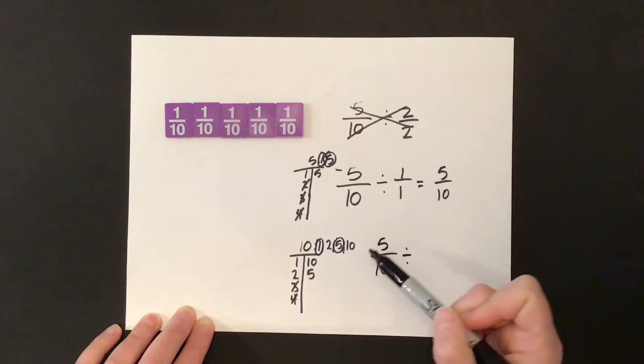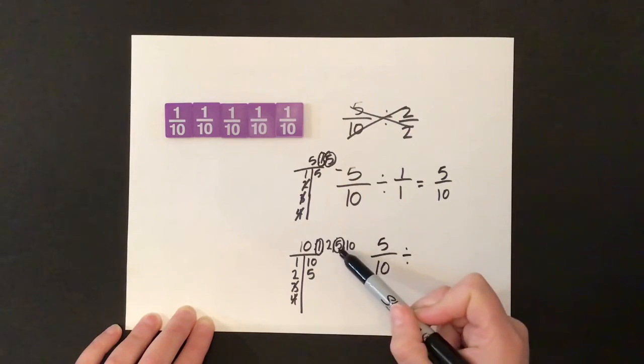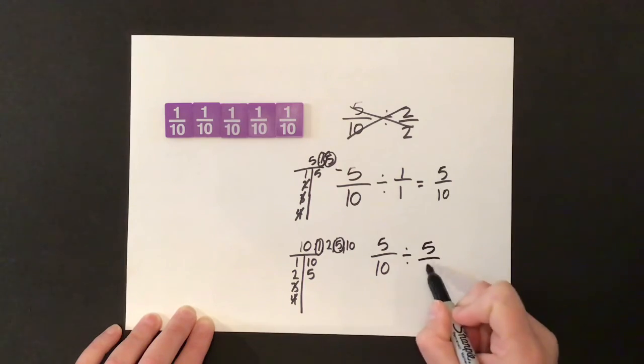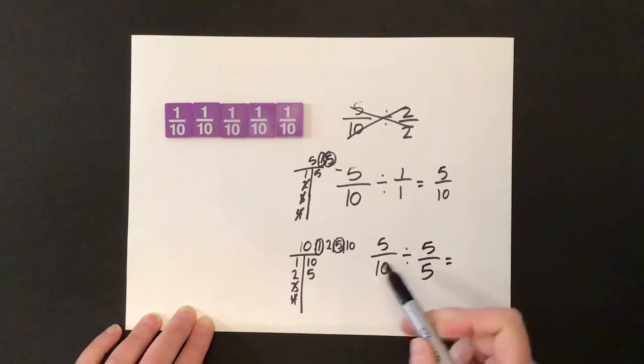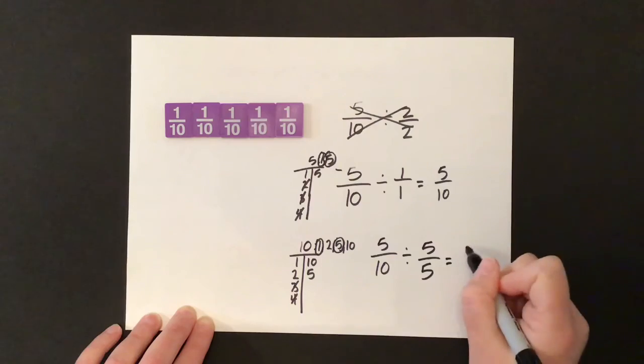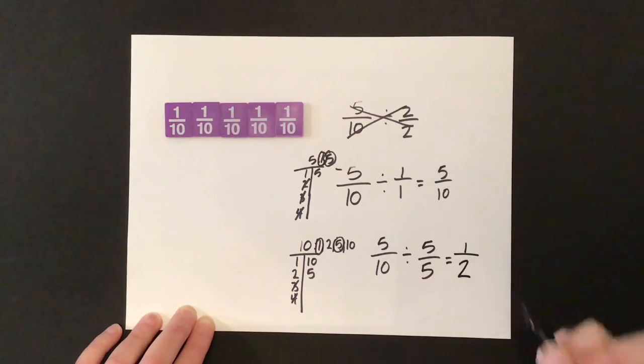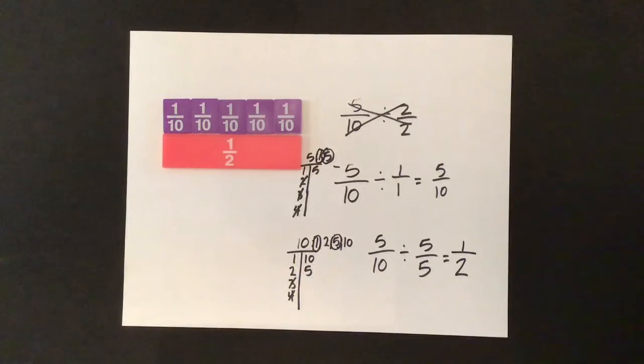So we want to pick a number that's different than 1. Let's pick the factor of 5. Let's divide both top and bottom by 5/5. 5 divided by 5 is 1, and 10 divided by 5 is 2. So using this method, we were able to find out that 1/2 is equivalent to 5/10.